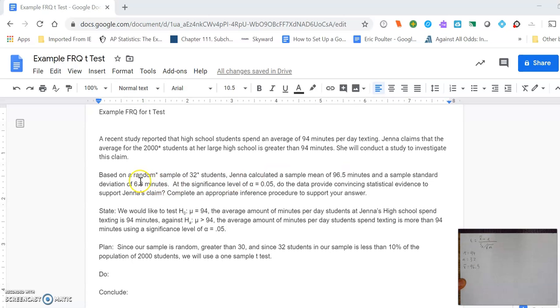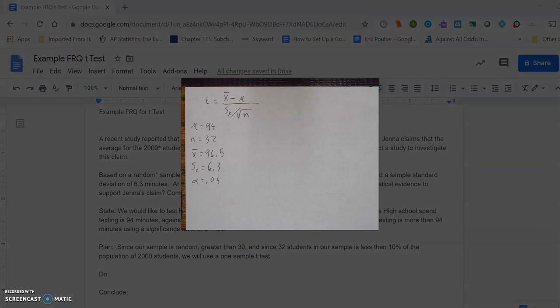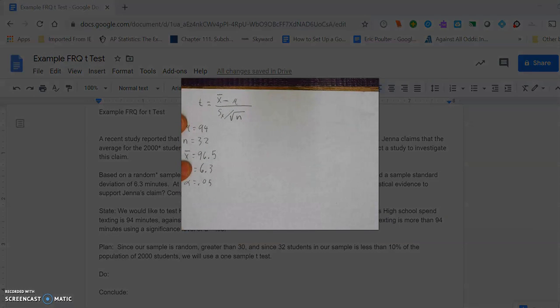And the sample standard deviation is 6.3. And just for good measure, it says our alpha is 0.05. So alpha equals 0.05.